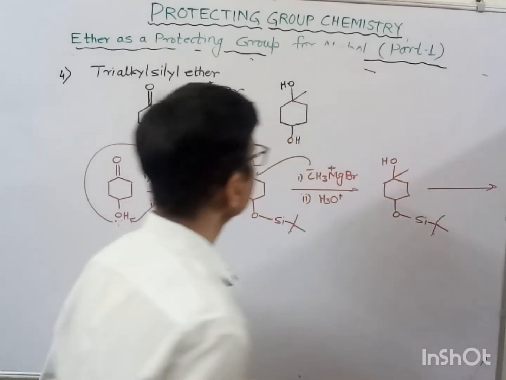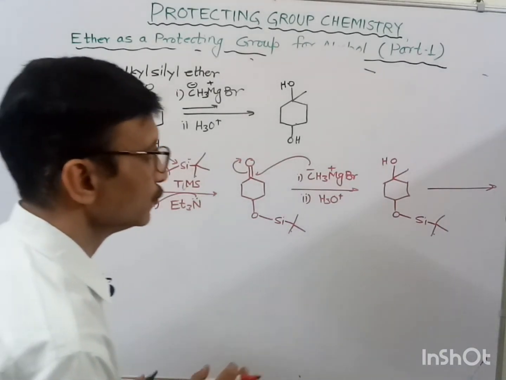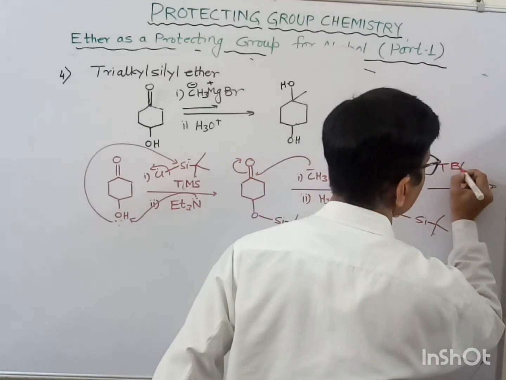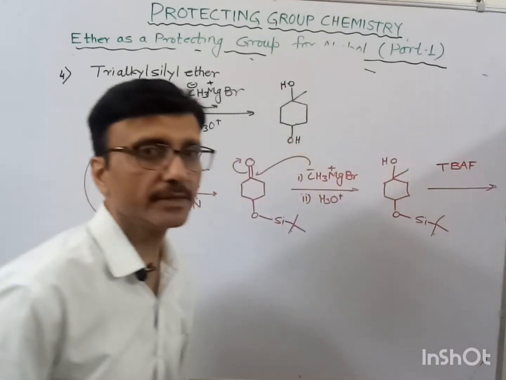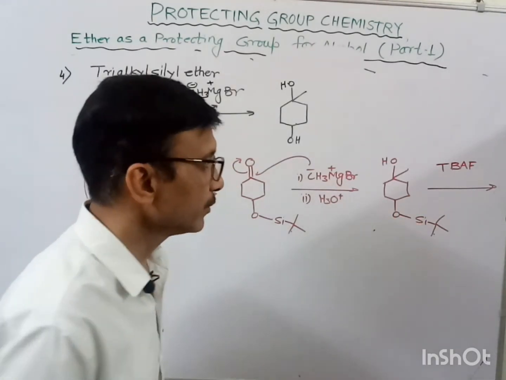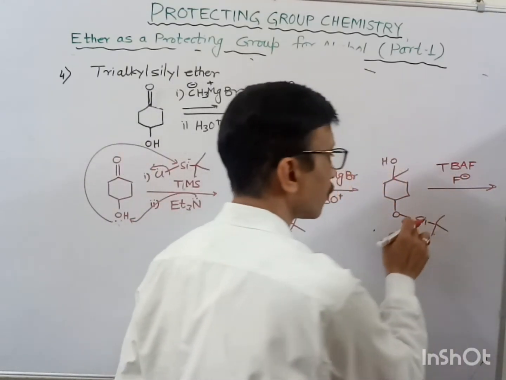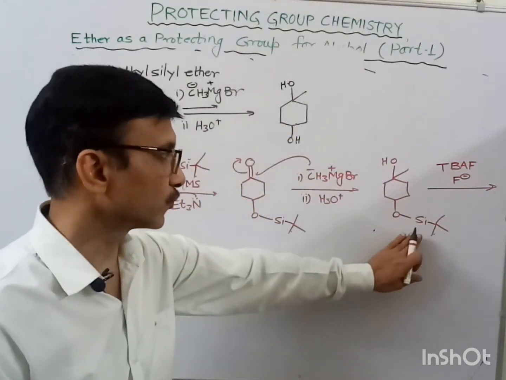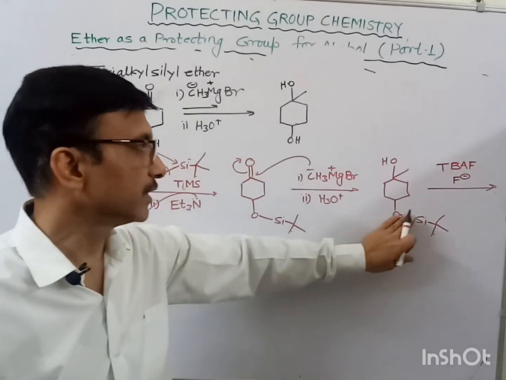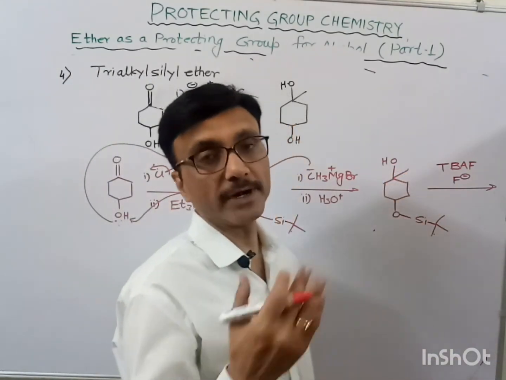As I told you, for trialkyl silyl ether, the deprotecting agent that we use is TBAF. This is a source of fluoride ion. Anything which acts as a source of fluoride ion can act over here, because fluoride ion forms a strong bond with silicon, stronger than the silicon-oxygen bond. That's why we use any fluorinating agent.